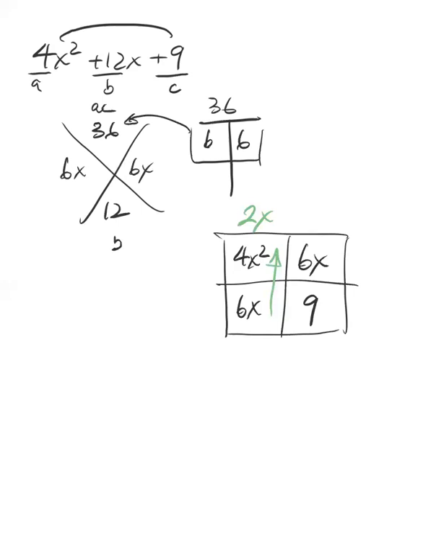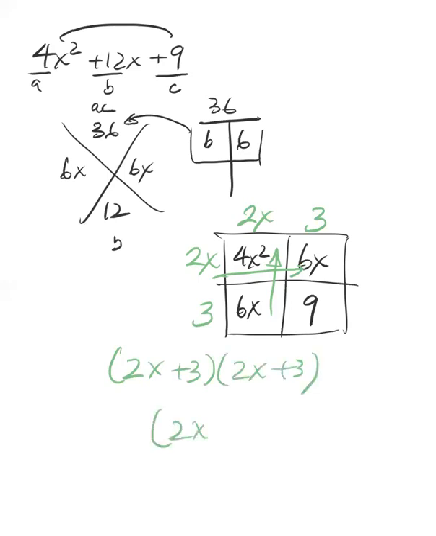So what times 2x is going to get me 4x squared? Another 2x. What times 2x gets me 6x? That's 3, and the same thing here. So we see that 2x plus 3 times 2x plus 3, or 2x plus 3 squared.